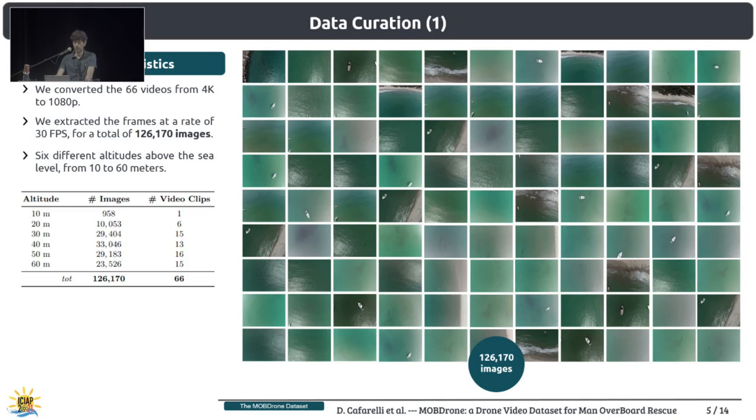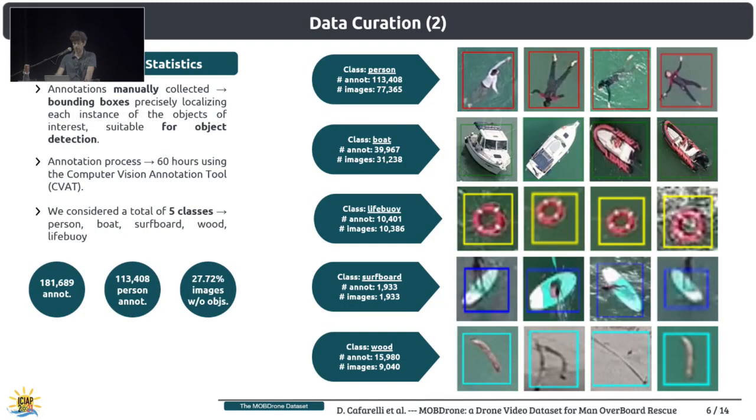Then we converted the 66 videos from 4K to 1080p resolution, and we extracted the frames at a rate of 30 frames per second for a total of more than 126,000 images at 6 different altitudes above the sea level, specifically from 10 to 60 meters. Then an expert annotated all these images with bounding boxes, precisely localizing each instance of the objects of interest.